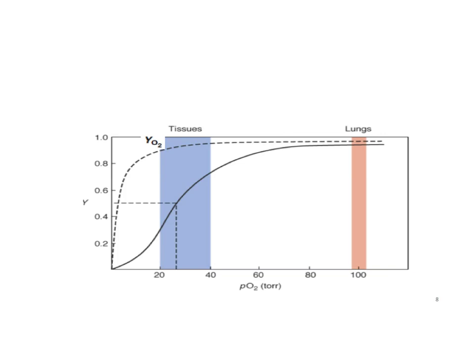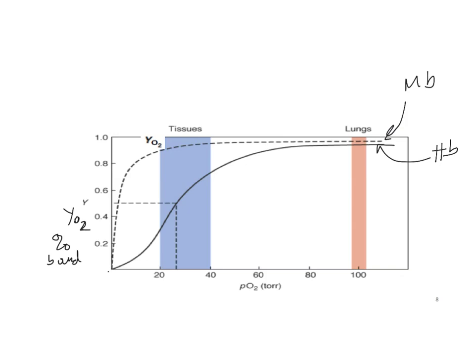So in this picture right here, the dotted line is myoglobin and the solid line is hemoglobin. And what you'll see on the y-axis for this is something called YO2. It really is the same thing. It just means percent bound.